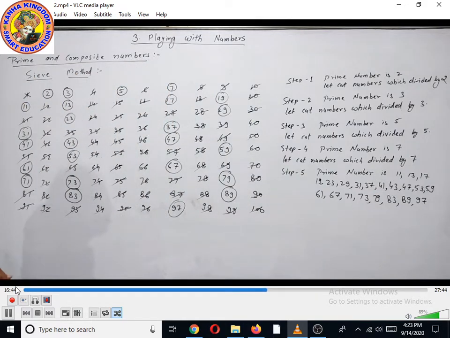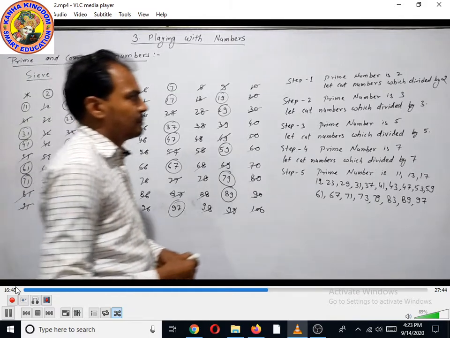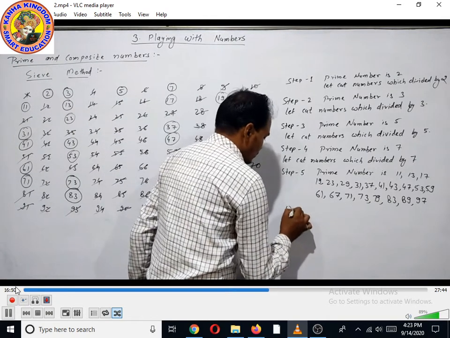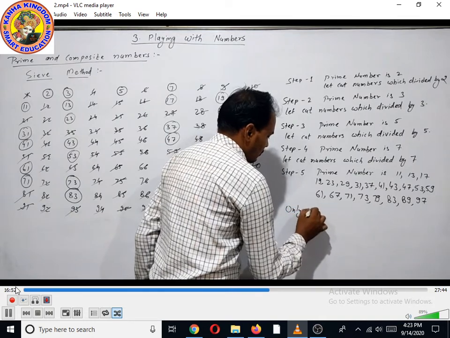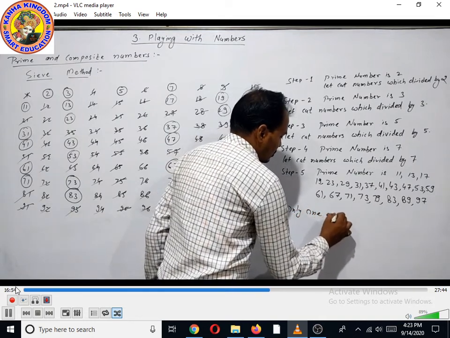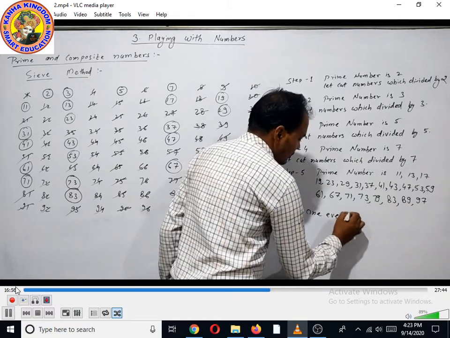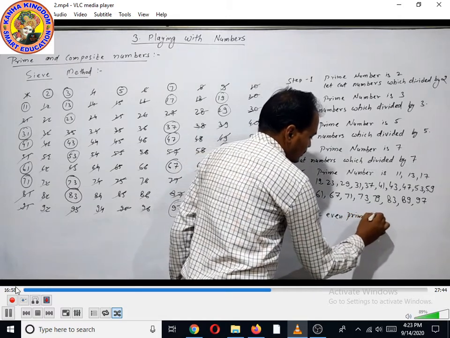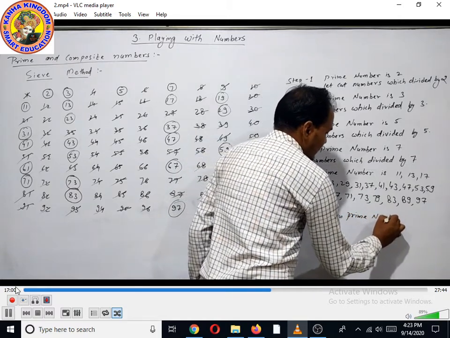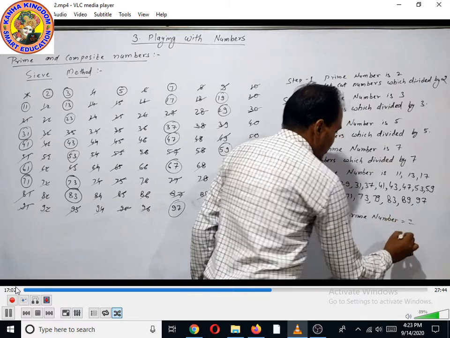Among these numbers, 2 is the only even prime number. Only one even prime number is 2.